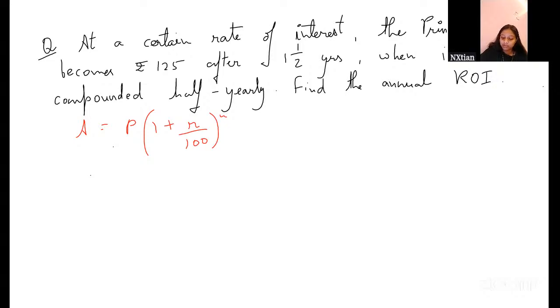Amount is 125. Principal 64. 1 plus R by 100, power becomes 1.5 into 2, since this is compounding half yearly.